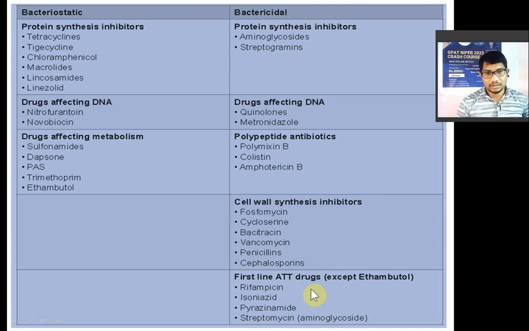Now ethambutol causes optic neuropathy, it can cause blindness. Isoniazid causes peripheral neuropathy, treated by vitamin B6, that is pyridoxine. Rifampicin also causes orange coloration of urine, right? Streptomycin can cause damage to the 8th cranial nerve.